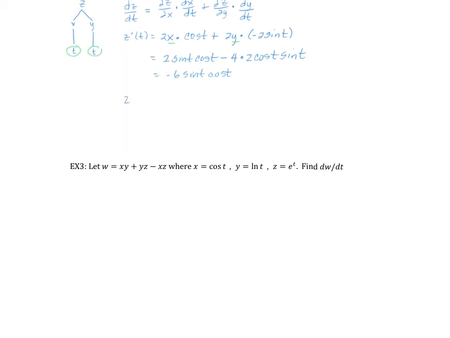And then now I need to figure out the derivative at a t value of pi over 4. So that's negative 6. Sine of pi over 4 is square root 2 over 2. Cosine of pi over 4 is square root 2 over 2. So putting all this together, I get negative 3.